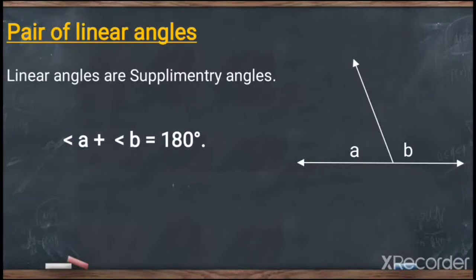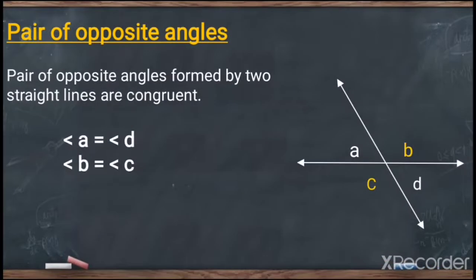Let's see the next, the pair of opposite angles. Here two straight lines make 4 new angles, angle A, angle B, angle C and angle D. Angle A and angle D is a pair of opposite angles.